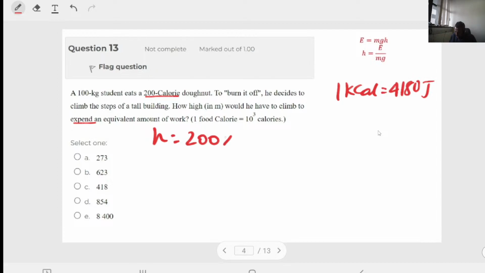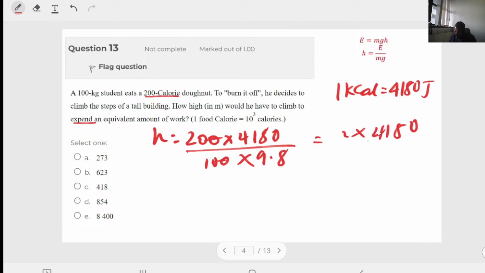Therefore, 200 times 4180 divided by mg. M is 100 times gravity is 9.8. If you go like that, I think it's easy. Therefore, it's 2 times 4180 divided by 9.8.